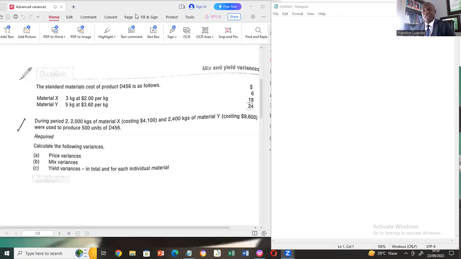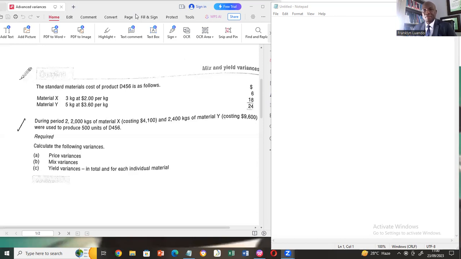Now, the type of variance has an impact on the material yield variance. Let's look at the favorable variance. Material mix favorable variance means you have used a higher proportion of cheap materials, and in most cases, those materials could be of lower quality. Therefore, the material yield variance will be affected negatively.